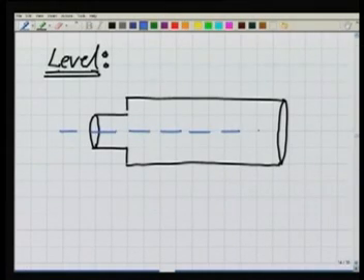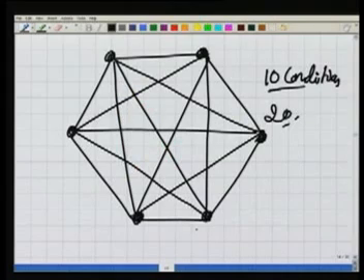Over here we have already defined the line of sight. The line of sight in the telescope is defined by the intersection of the cross wire and the center of the objective lens. So this is my line of sight.